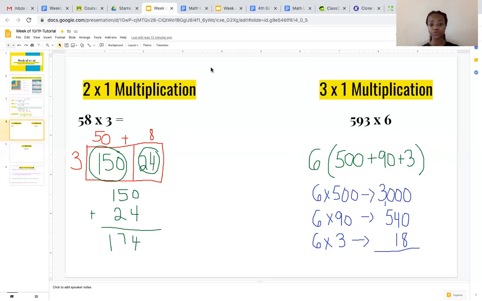We are going to add our partial product. So our partial products in this case are 3,540 and 18. So that gives us a total product, or a whole product, of 3,558.